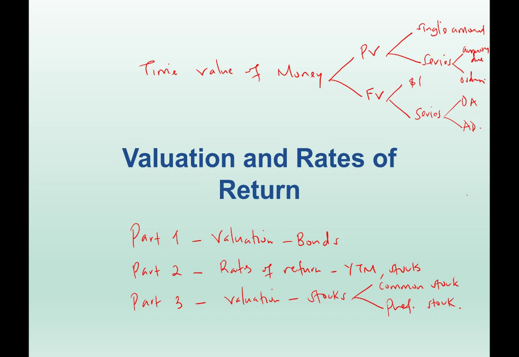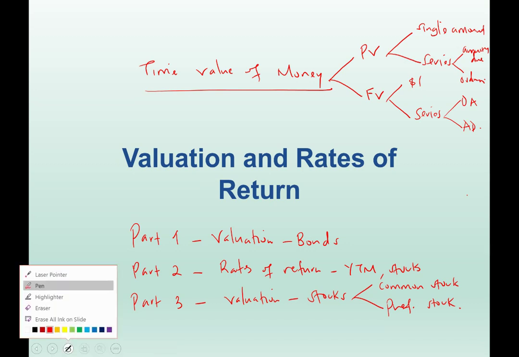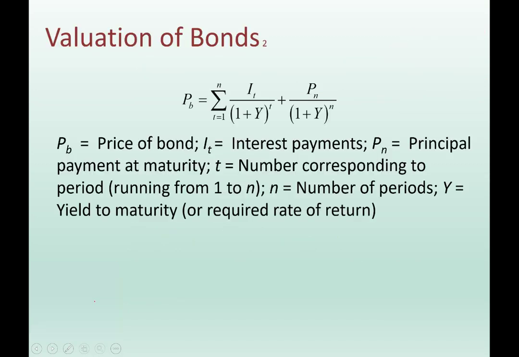So what I'm trying to say here is that the information we learned about the time value of money is so critical, because we end up using that to be able to understand the valuation aspect.